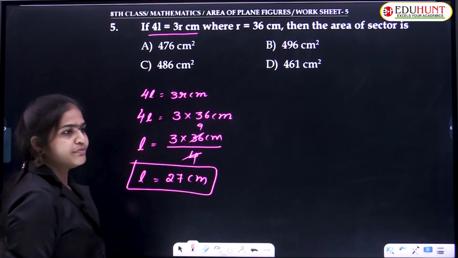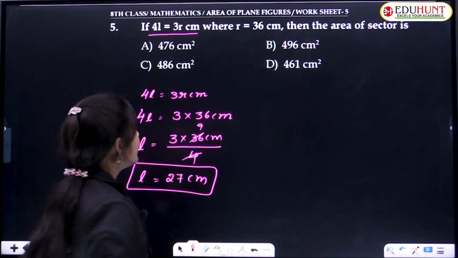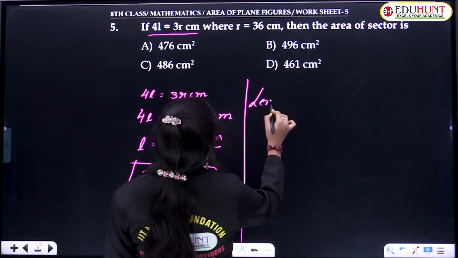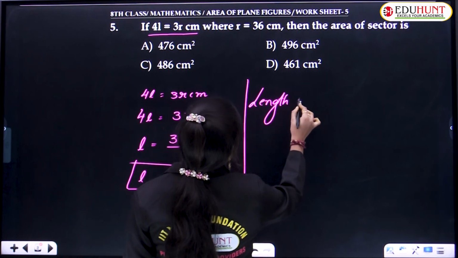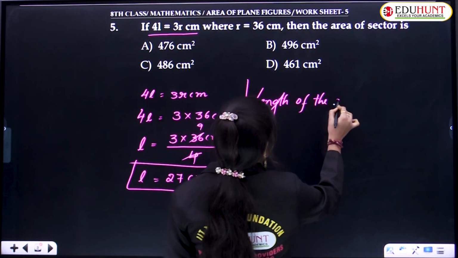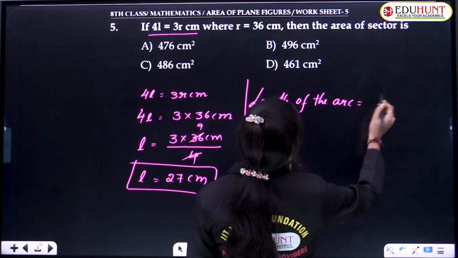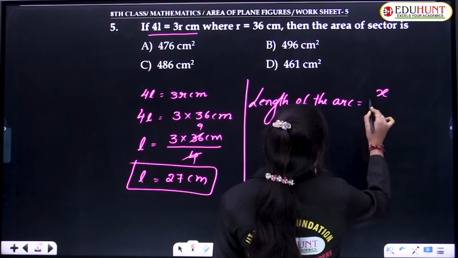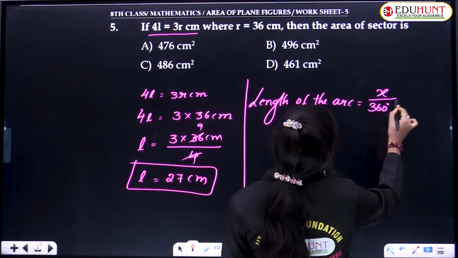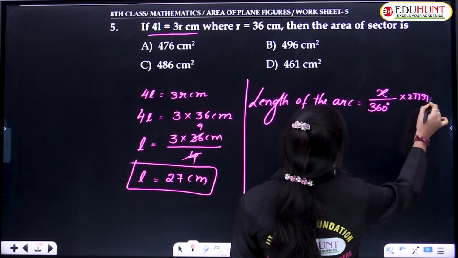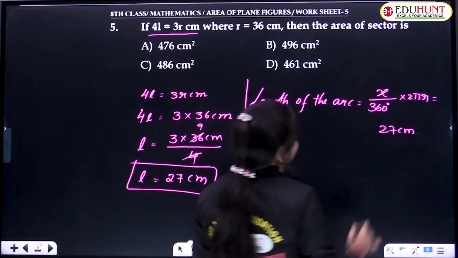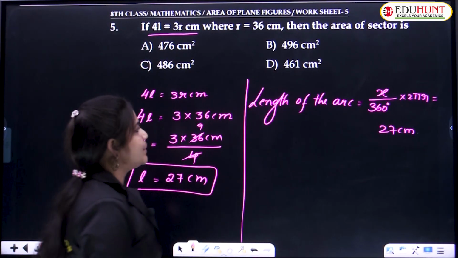This is the length of the arc. Now what is the formula here? Length of the arc of a sector. How to find it here? That is x by 360 degrees into 2 pi r, which is equal to 27 centimeters.